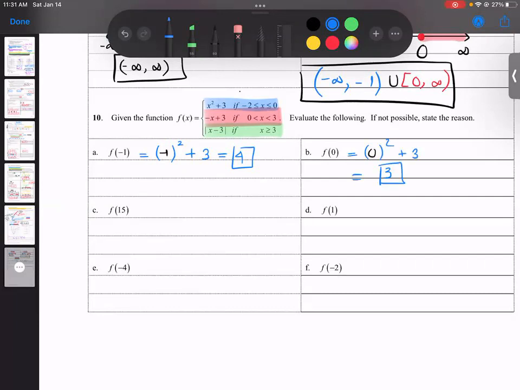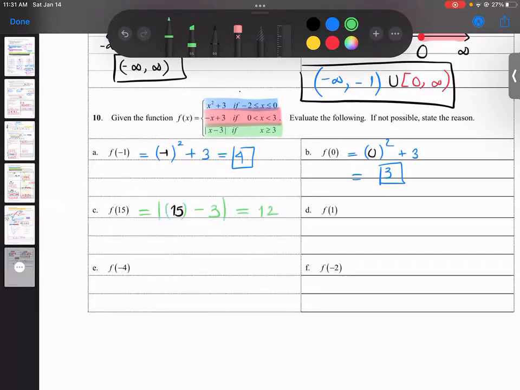I have a 15. Where does 15 belong? 15 is greater than 3, so it has to belong to the green one, because it says x is greater than or equal to 3. That's the restriction for that function. So that will be the absolute value of something minus 3, and that something is 15. 15 minus 3 is 12.